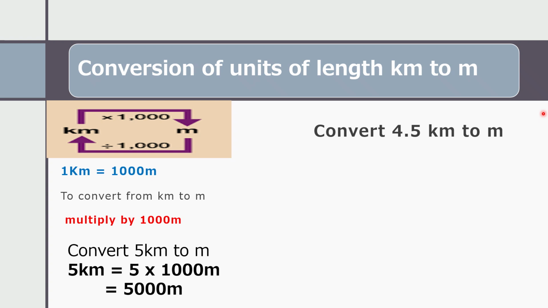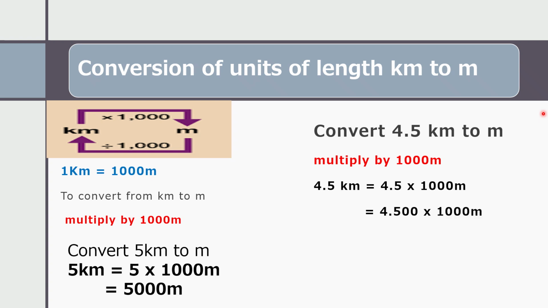Look at another example. This time we have a decimal number. We have to convert 4.5 kilometer to meter. Again the rule is same, we will multiply by 1000. So let's multiply 4.5 kilometers by 1000 meters. As you all know, in multiplication of decimal number by any number like 10, 100 and 1000, we just move the decimal point.